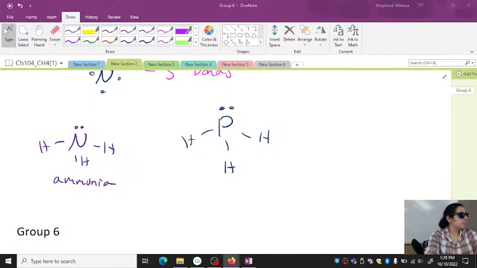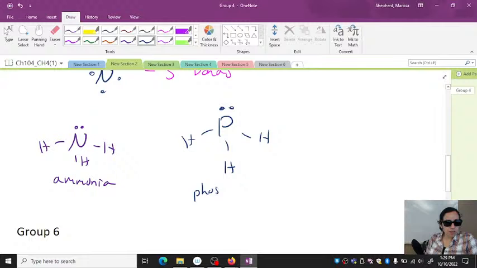You may not know it because it's its common name. Is it polyethylene? No. This is just called a phosphine, but they're pretty nasty.